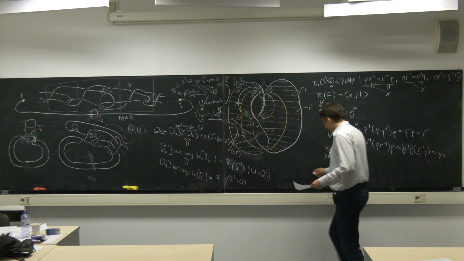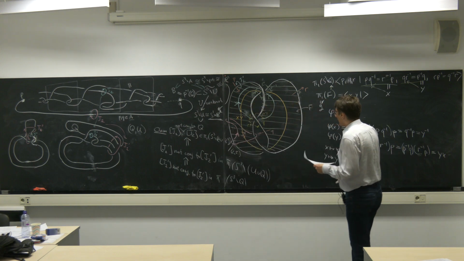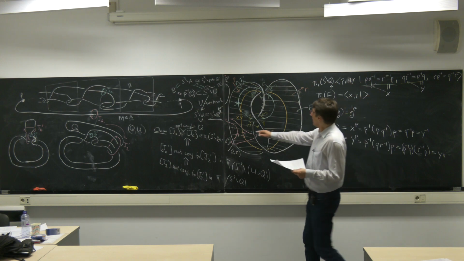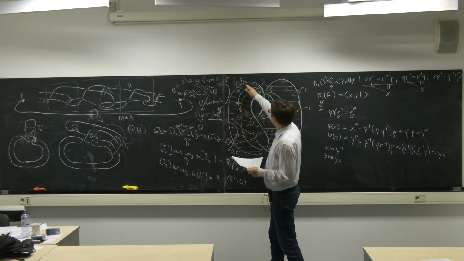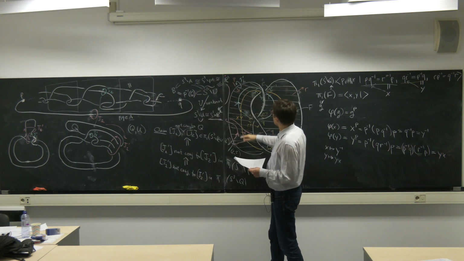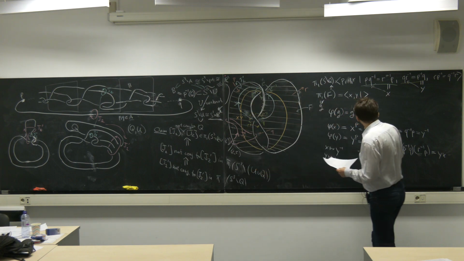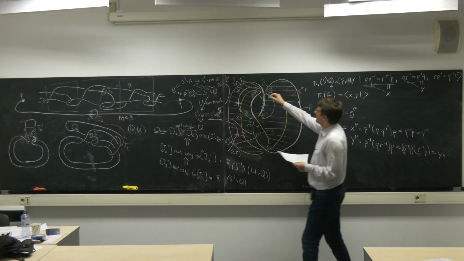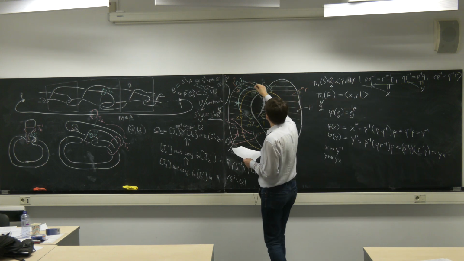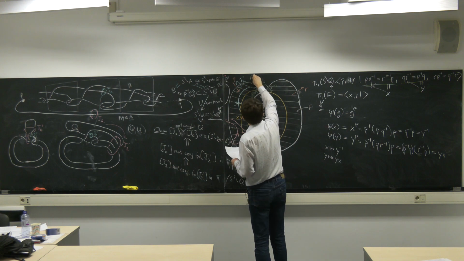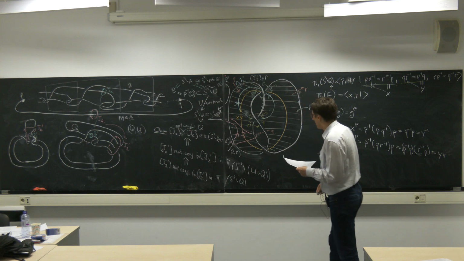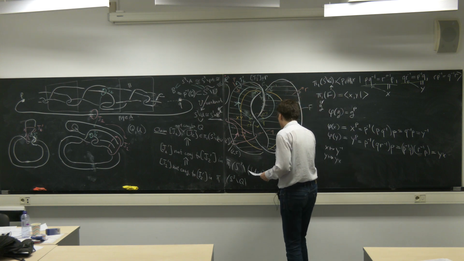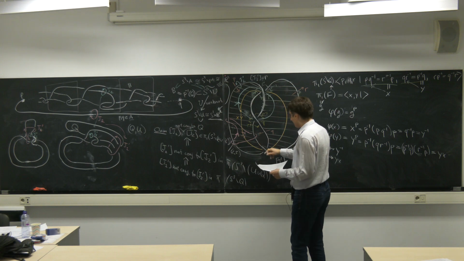So now what are these elements in the fundamental group or conjugacy classes? Well, J2 is, I think, just P. So the class of J2 prime is P, as you can see. And the class of J1 prime, well, let's see.